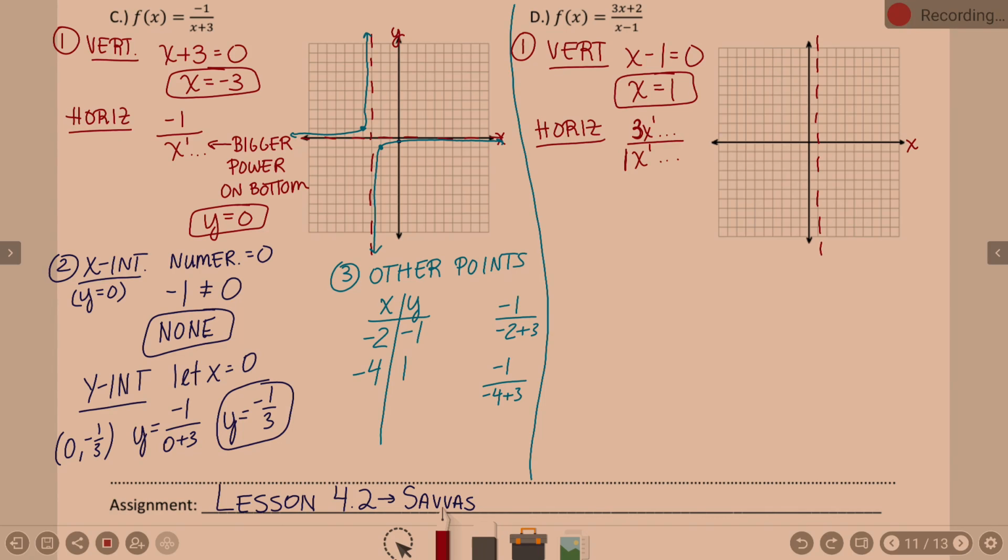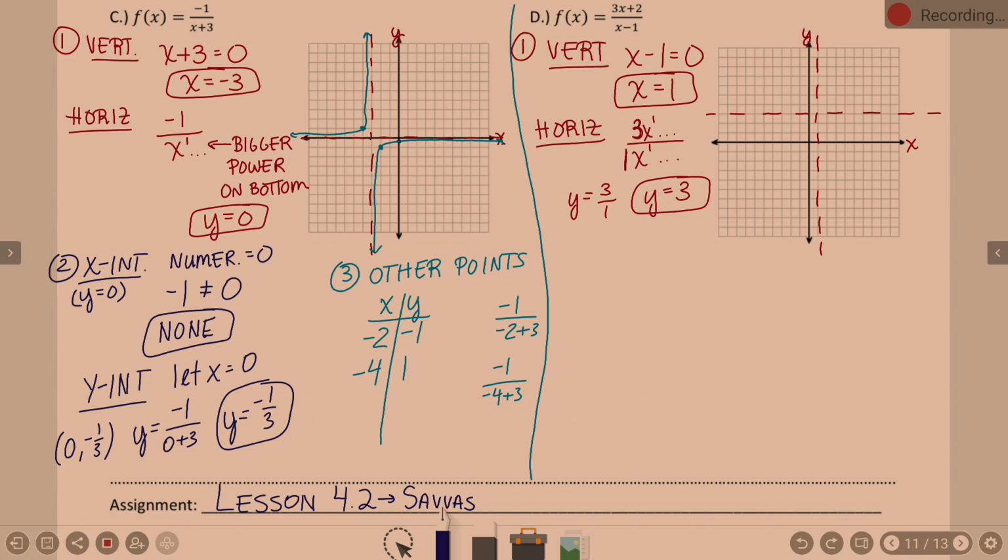So leading coefficients here, 3 over 1, or in other words, 3. y equals 3. Okay, so if I do a horizontal asymptote at 3, I'm going to y equals 3, so 3 on the y-axis.